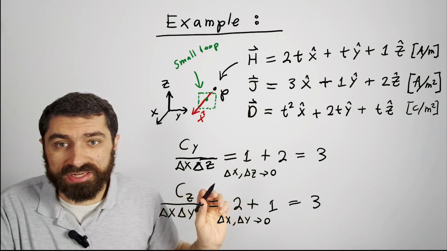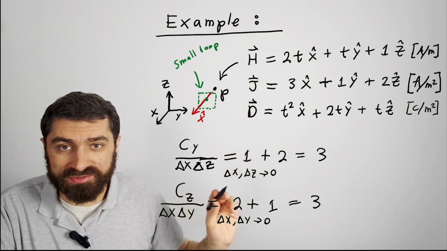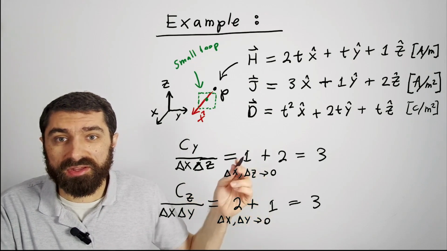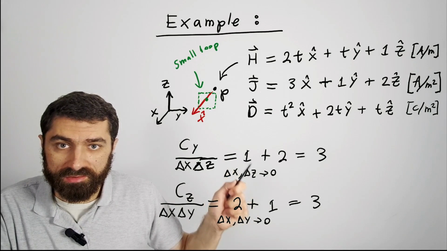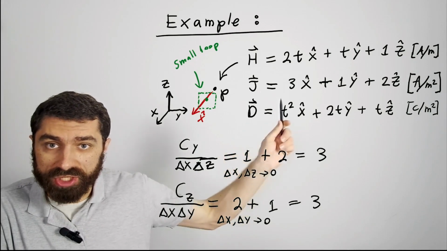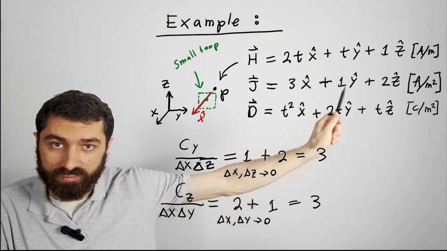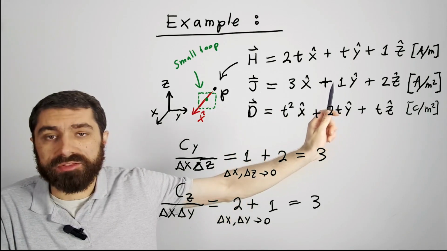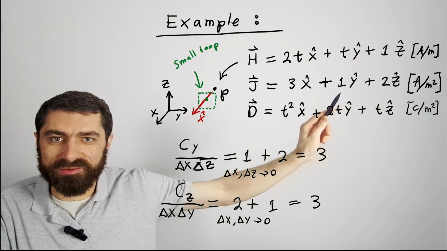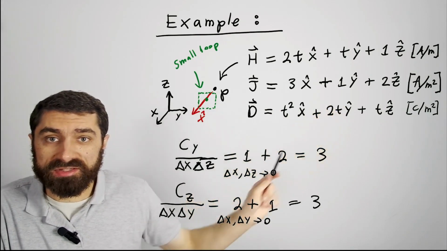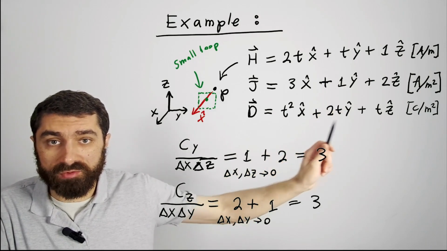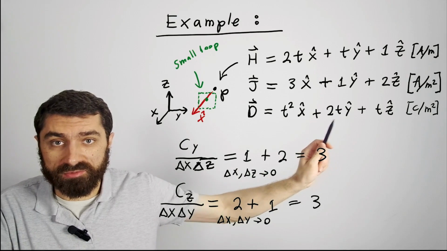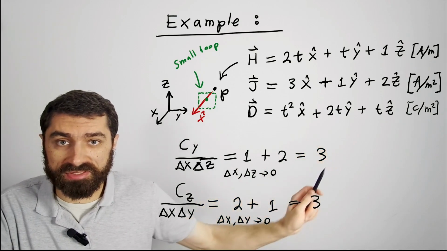Then as you take the limit of that as delta x and delta z go to 0, it would just be the y component of the current density, so 1, plus the time rate of change of the field here in the y direction, 2t, so that would just be 2. So you add those together and that gives you 3.